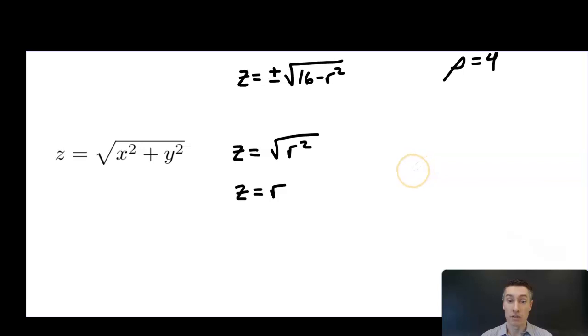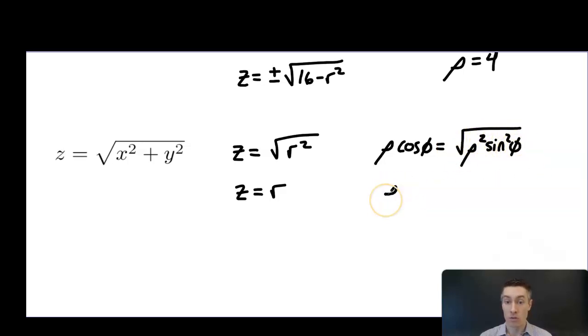And then in spherical, z is rho cosine phi equals the square root of, well, we did define x squared plus y squared. That was rho squared sine squared phi. So this is rho cosine phi equals rho sine phi. And we don't have to worry about the plus or minus issues because of how we define rho and phi earlier on.